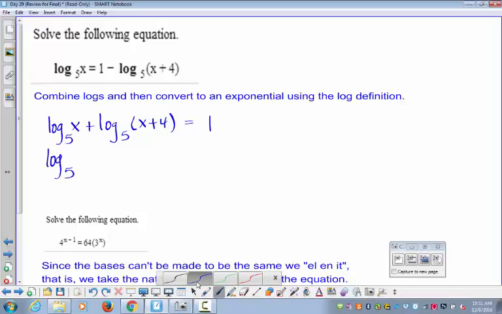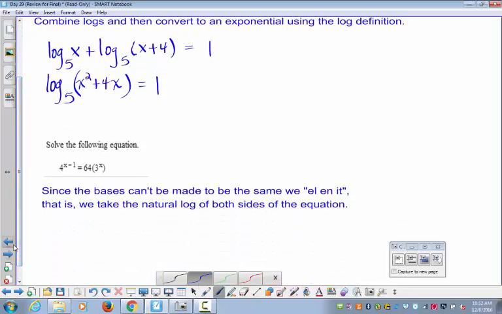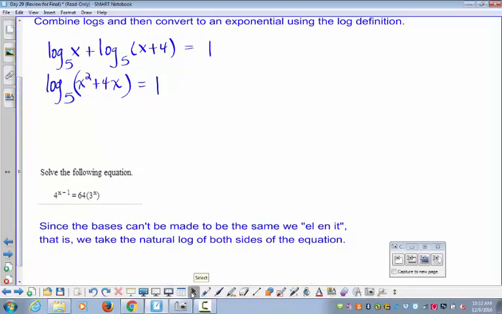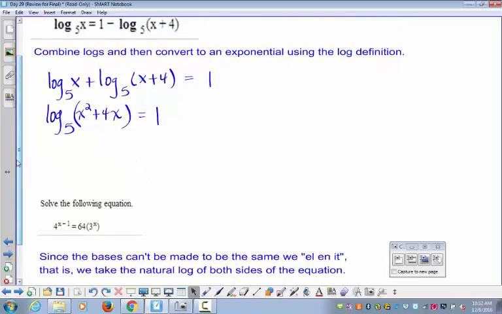These in turn get combined using multiplication. We have that. And here's the hard part. Here's the part where I see the most mistakes.